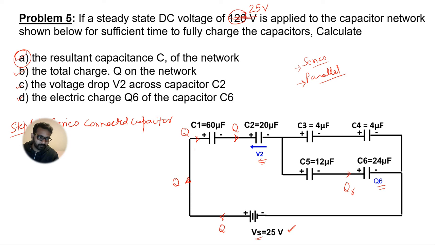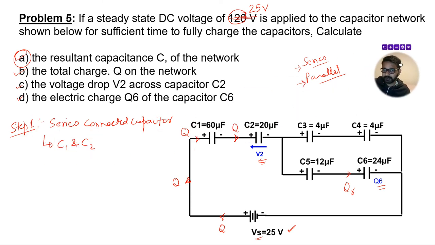So the same charge flows through C2. The first pair of capacitors connected in series are C1 and C2, because as per the tracing, the same amount of charge is flowing through both capacitors C1 and C2. So they are connected in series.